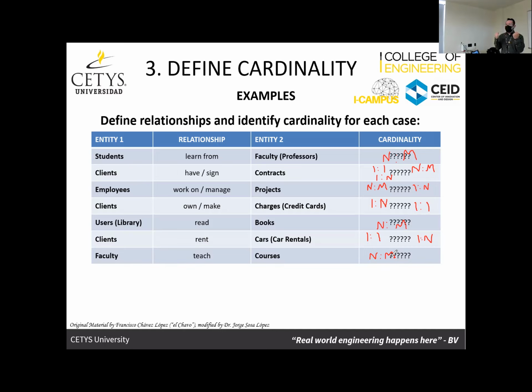However, how am I going to differentiate then that this data analysis and organization course is taught by Jorge Sosa to the global programming group versus the data analysis and organization course that's taught by, I don't know, Francisco Chavez to the non-global program group? How am I going to differentiate? How?